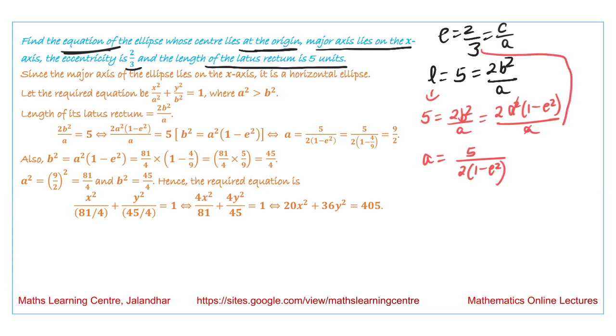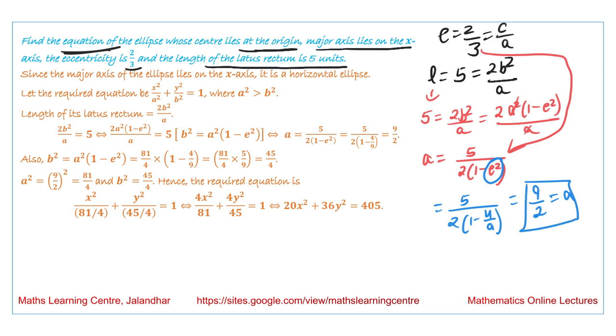The value of E is given. If we substitute this value of E over here, we obtain 5 by 2 into 1 minus 4 by 9, and the answer we obtain is 9 by 2. This is the value of A that we have.